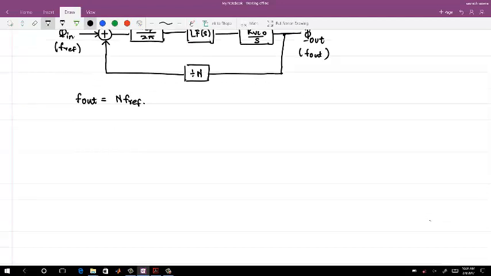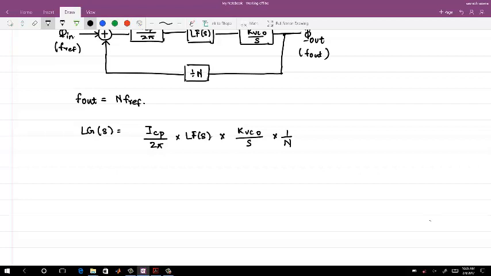Now for this PLL, the loop gain is ICP by 2 pi into loop filter of S into KVCO by S, multiplied by 1 over N. This is the open loop gain of this PLL, and the closed loop gain phi out by phi in is nothing but N times loop gain of S over 1 plus loop gain of S. I am using both loop gain and loop filter of S, so just be cautious about where I use loop filter and loop gain.